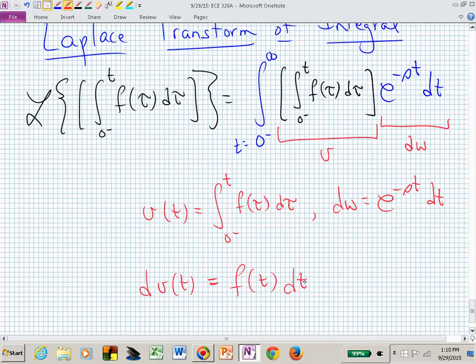And it's a differential, so that's dt, f of t dt. What's w if dw is this e to the minus st dt? We need to integrate that right-hand side to find w. We have our exponent as something a little bit more than just the variable. It's now a weighted variable of minus s, so we now say 1 over minus s e to the minus st, and that's w.